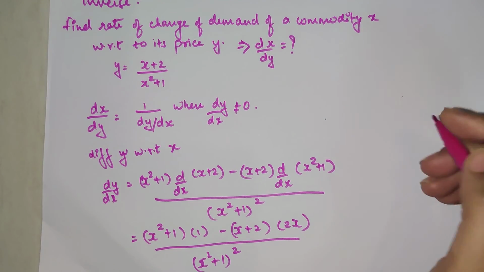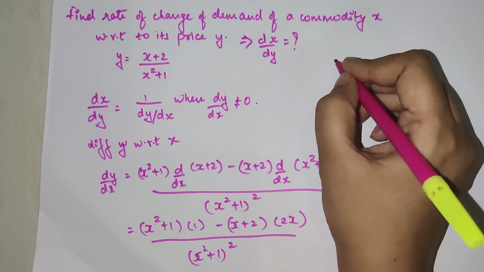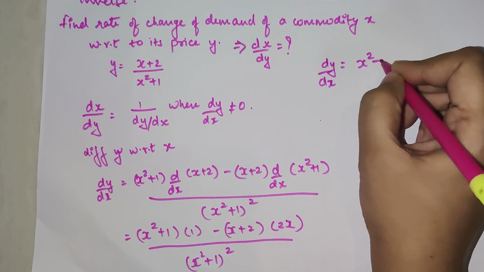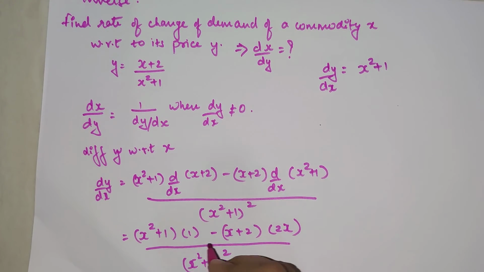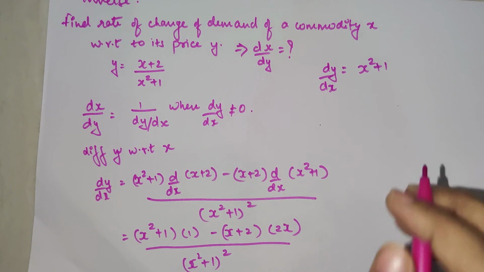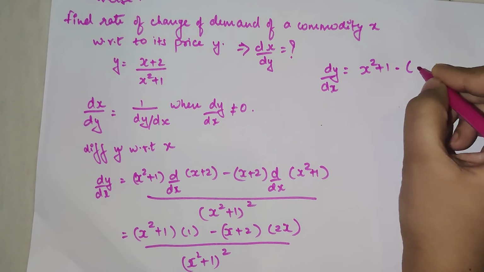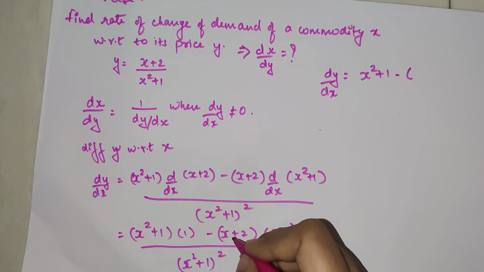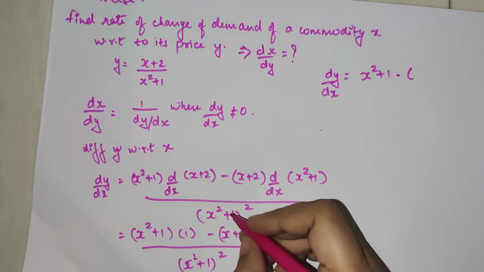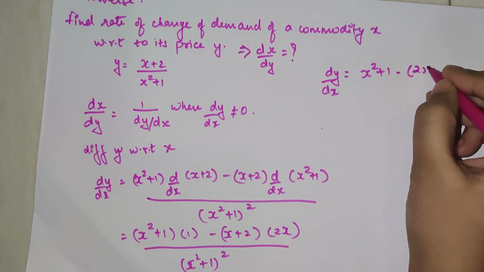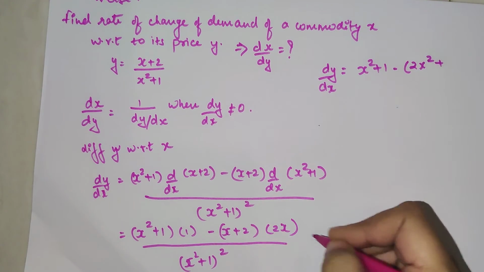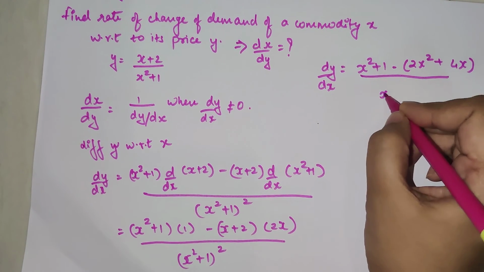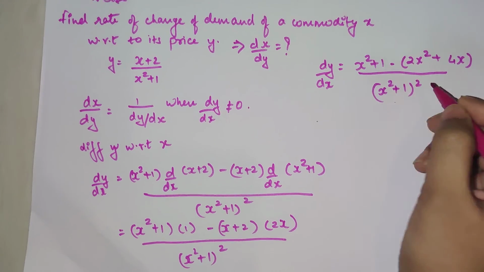Okay, so then here I can say dy by dx is nothing but x square plus 1, and I'm going to keep this minus sign outside right now. Let's multiply this bracket. So we'll get x into 2x is getting you 2x square, plus 2 into 2x is getting you 4x, the whole thing divided by x square plus 1 the whole square.